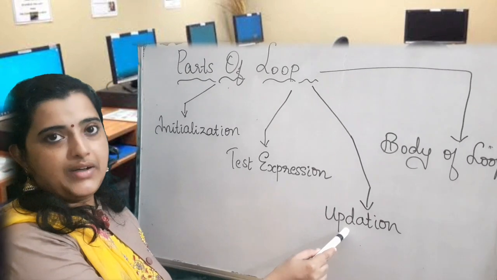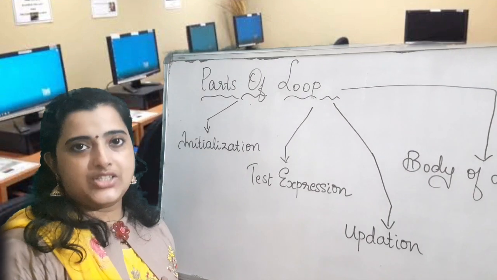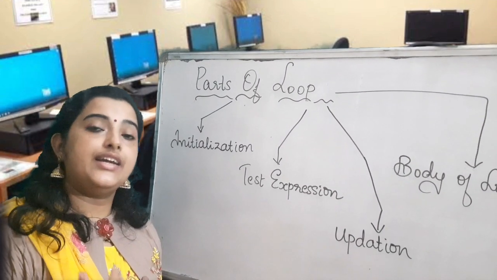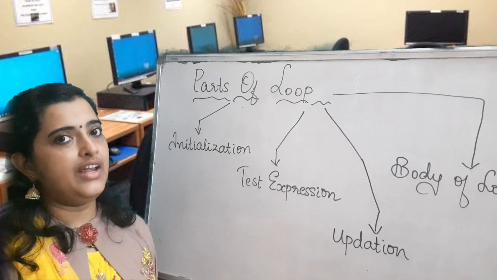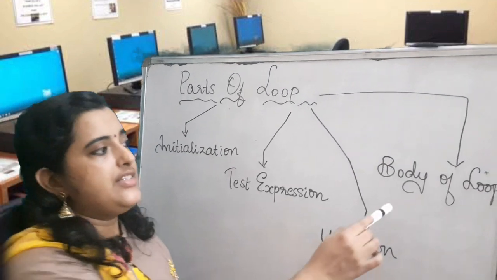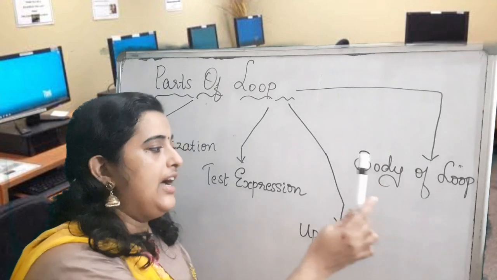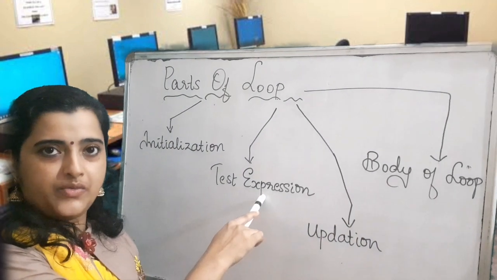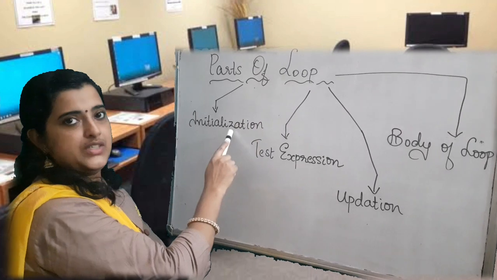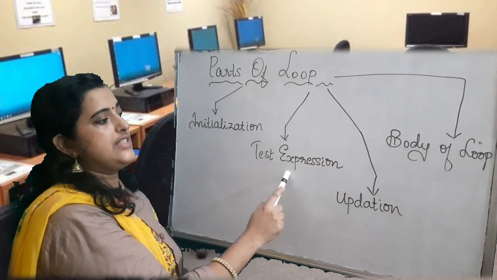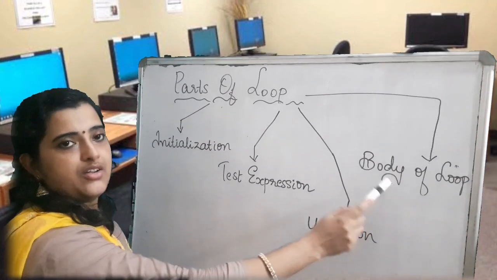The third part of every loop is the updation statement. Updation can be incrementation as well as decrementation. And here comes the body of the loop, which executes repeatedly until the condition is true. So I repeat, parts of loops are initialization, test expression, updation and body of the loop.